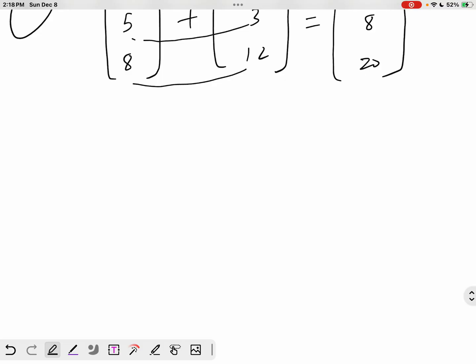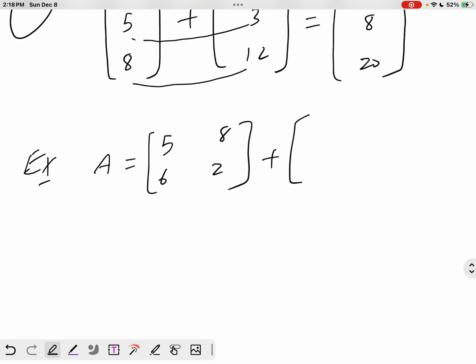Okay. Let's say, for example, we have the matrix A equals [5, 8; 6, 2]. Matrix B has [3, 9, 1; 4, 2, 5].